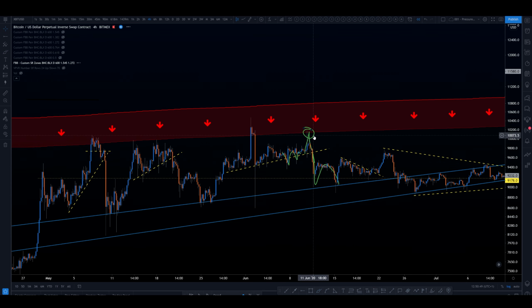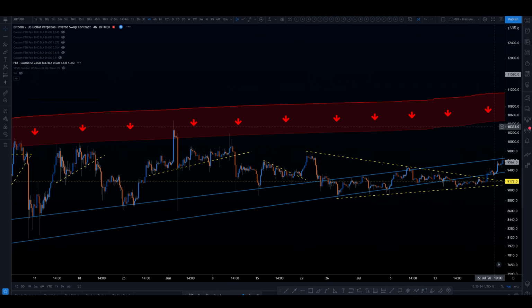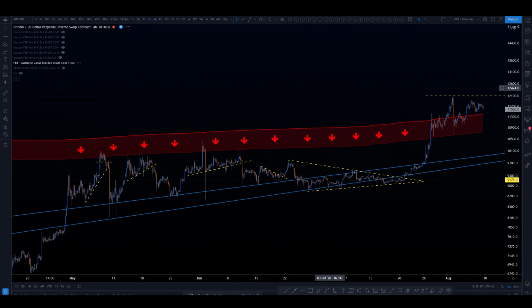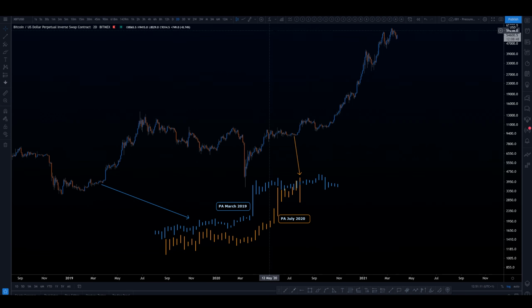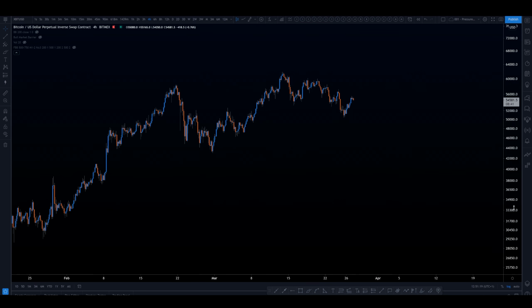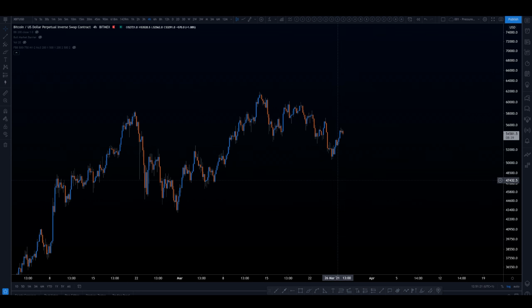You can do this kind of analysis all day. You will find thousands, millions of examples of these kinds of patterns and formations and price action segments over and over again on all time frames. It is important to know when you want to trade something, or if you want to find good setups, for example, like here right now in Bitcoin, you would like to look at where's the pressure zone.